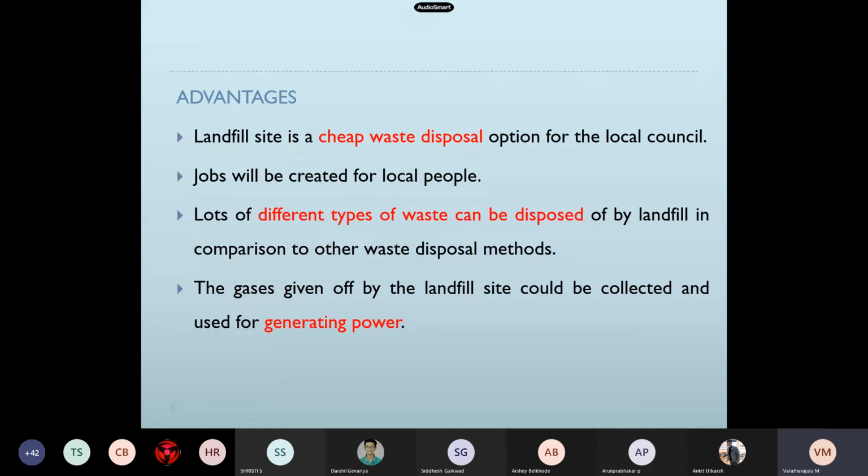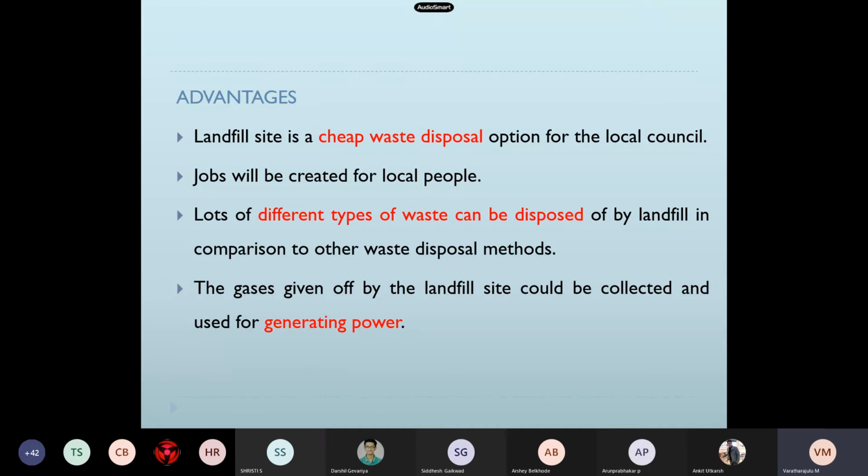Once one particular place is filled, it tries to bury it or burn it, and once a place is filled with waste, it prefers to purchase another piece of land for waste disposal. That is what is happening in many municipalities, and jobs will be created for local people.